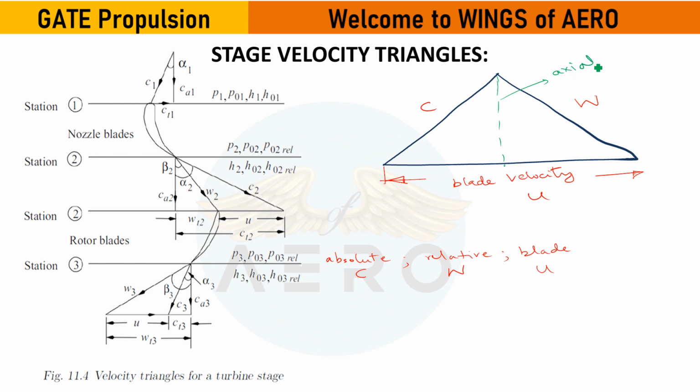If it is an axial compressor or axial turbine, we call it axial velocity, or if it is centrifugal, we say radial.